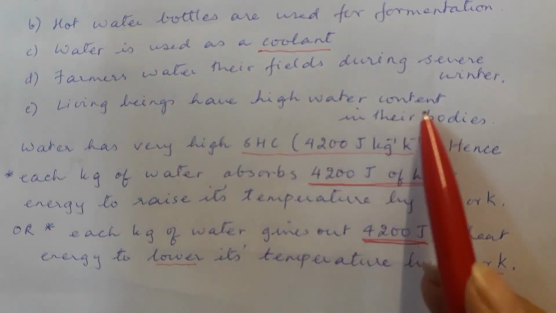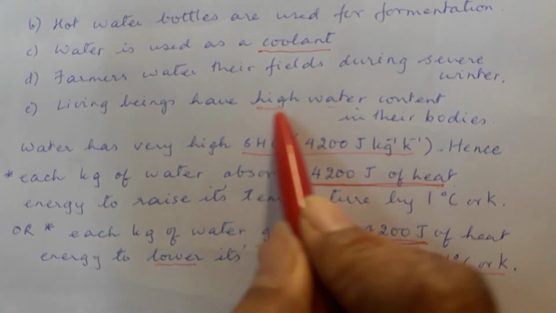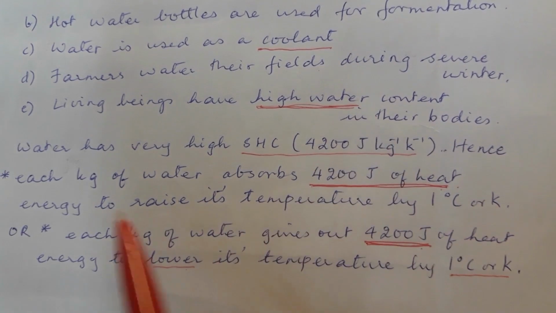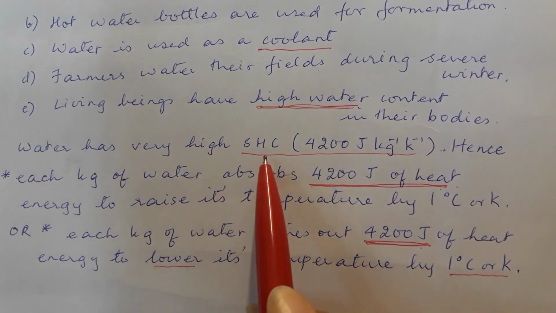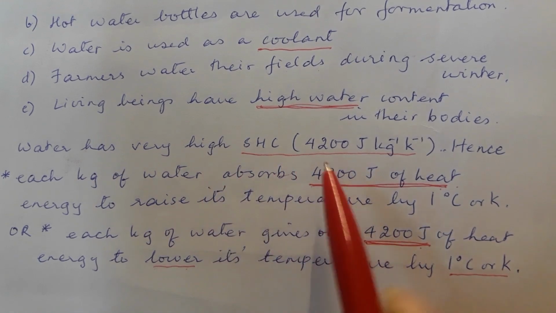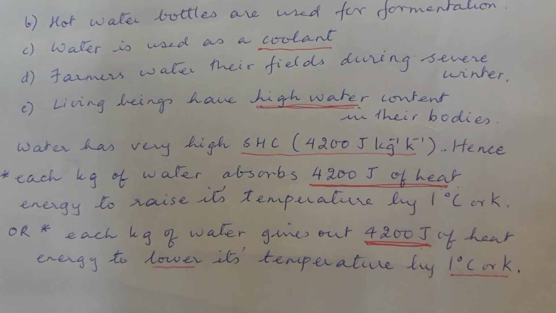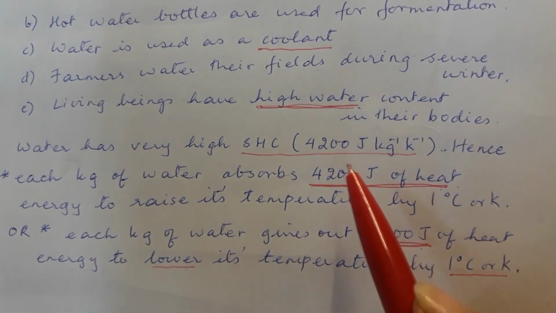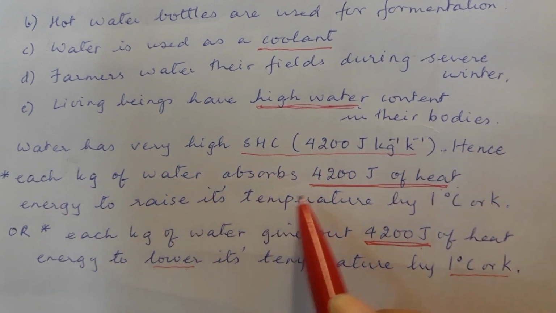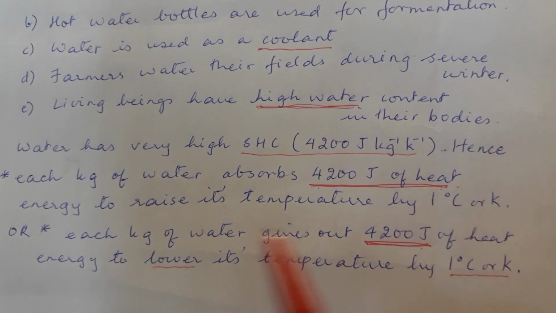Living beings have high water content in their bodies. Now remember, again, high water content is going to be linked with the high specific heat capacity of water. That is, water has very high specific heat capacity, 4200 joule per kg per Kelvin. And so during the summers, each kg of water has to absorb 4200 joules of heat energy to raise its temperature by 1 degree C or Kelvin.